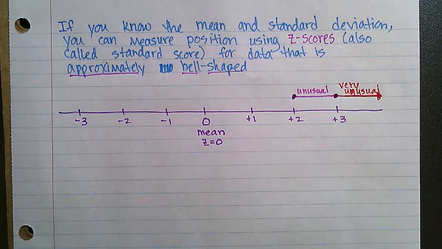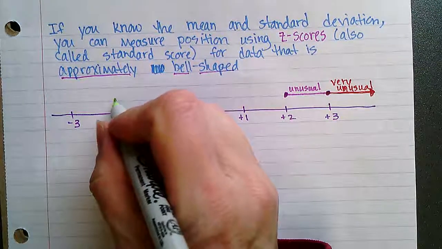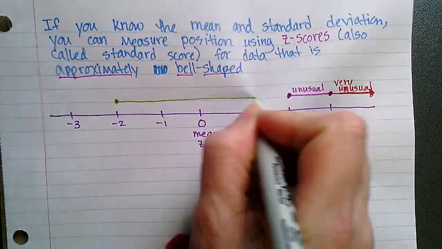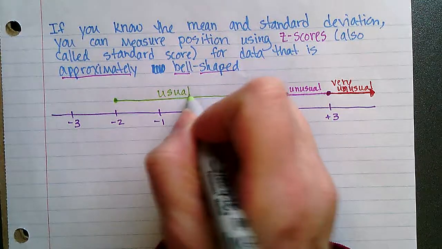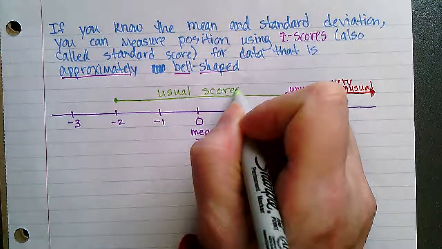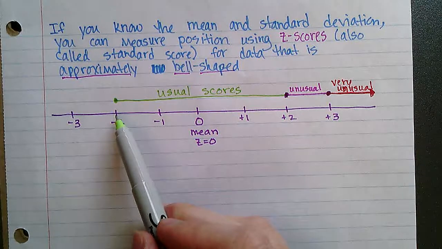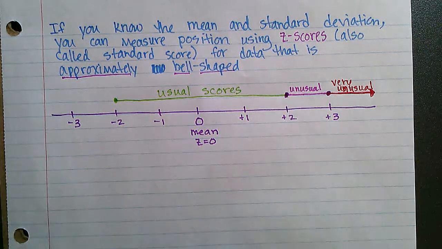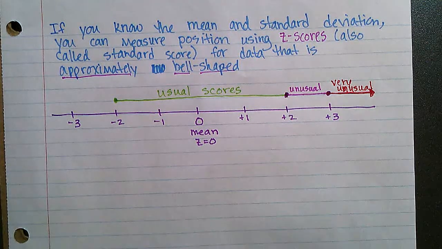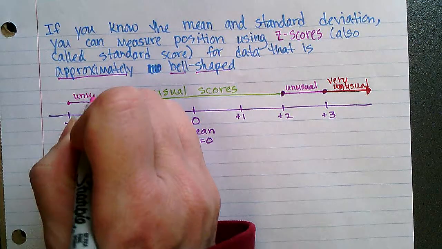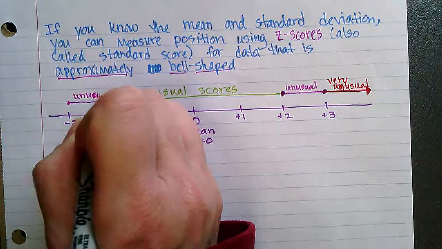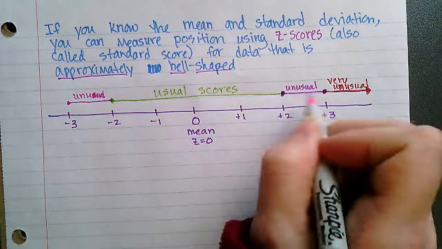Our normal or usual scores are going to be between positive 2 and negative 2 standard deviations from the mean. So our usual scores would be between the z-score of negative 2 and positive 2. Then unusual would be between negative 2 and negative 3, or 2 and 3.